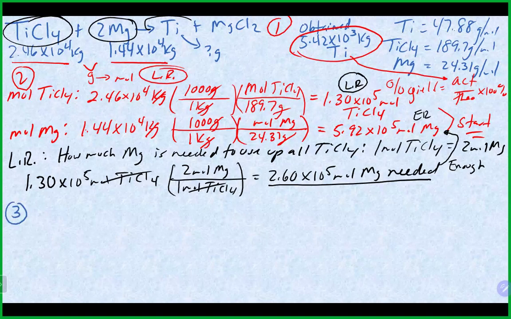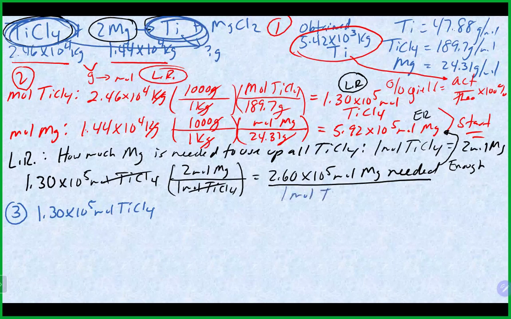So starting with our 1.3 times 10 to the fifth moles of TiCl4, we now go from our limiting reagent to our product, which from the equation is 1 mole TiCl4 gives me 1 mole of Ti. So that will be what we'll do next.